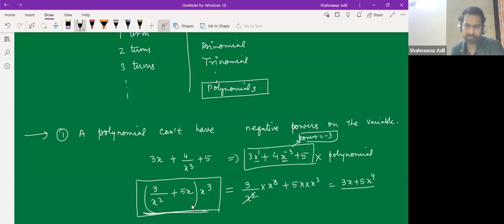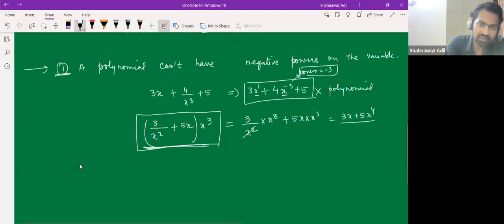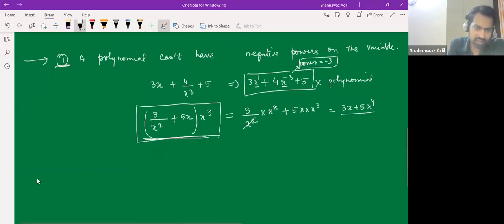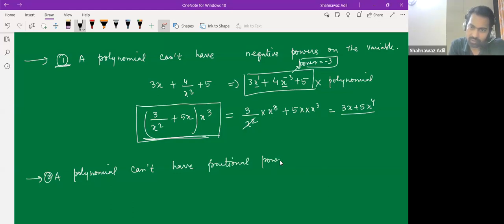Okay, sir. So this is the first characteristic, and the second condition is that a polynomial can't have fractional powers on the variable, right?